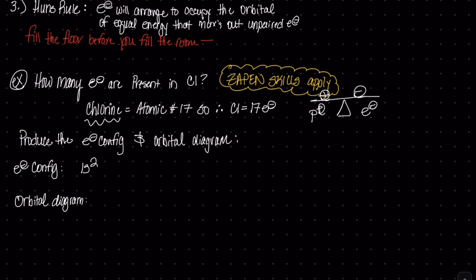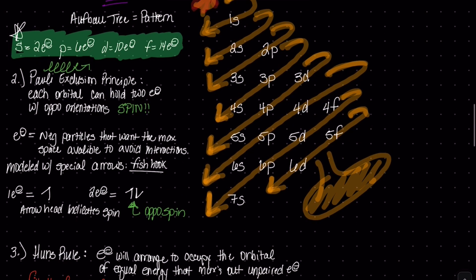So we slide back down here and go 2s2, and then we keep going down the tree until we get to 17. So 1s2, that's 2 electrons. 2s2, that's 4 electrons, and then we keep going around and down until we get to 17 electrons.